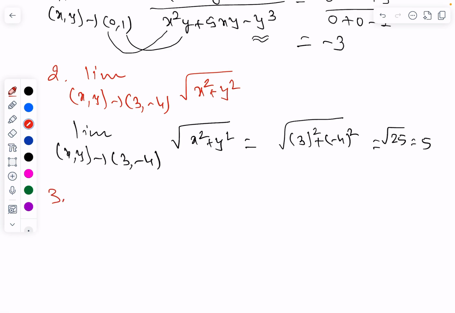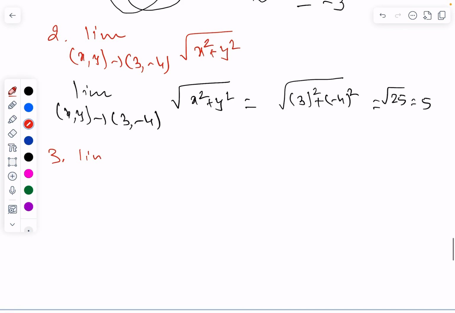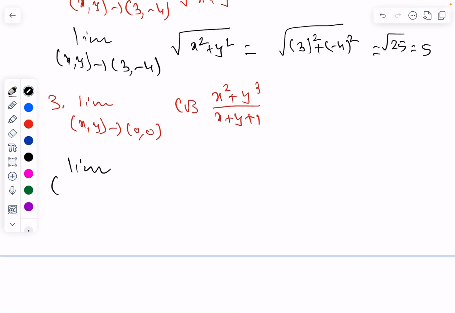We take one more example. Limit (x, y) tends to (0, 0) of cosine of (x square plus y cube over x plus y plus 1).